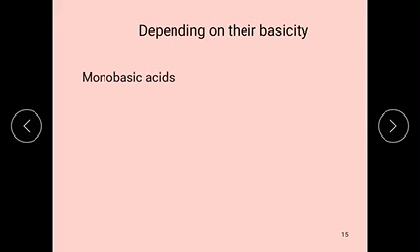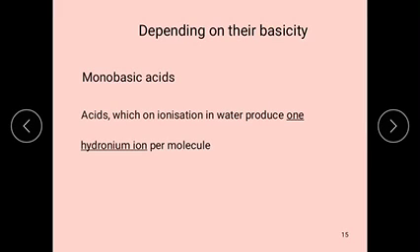And next one is, depending on their basicity, these acids are of different types. Number one, monobasic acids. Acids which on ionization in water produce one hydronium ion per molecule.